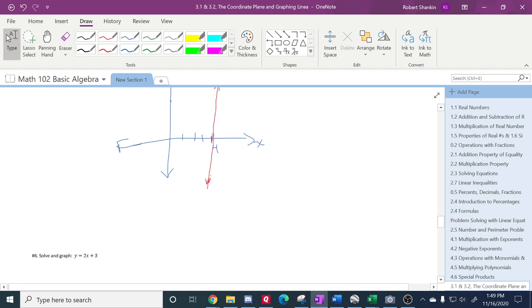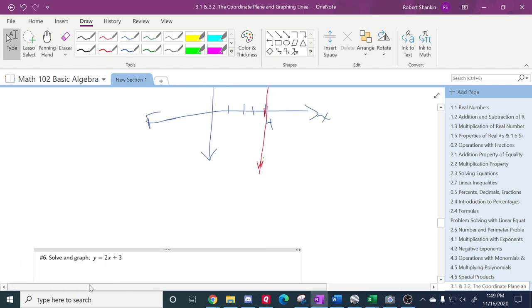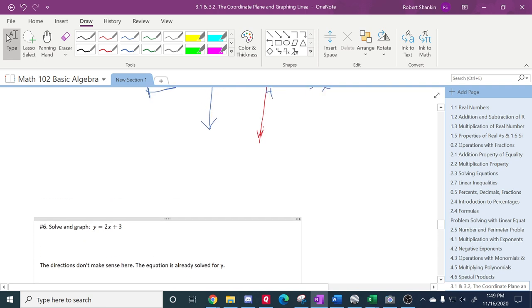In this problem, the directions don't make sense here. For one thing, the equation is already solved for y. Because when there's more than one letter in it, you can solve for one letter or you could solve for the other letter, and it doesn't mean you get a number like y equals 4.